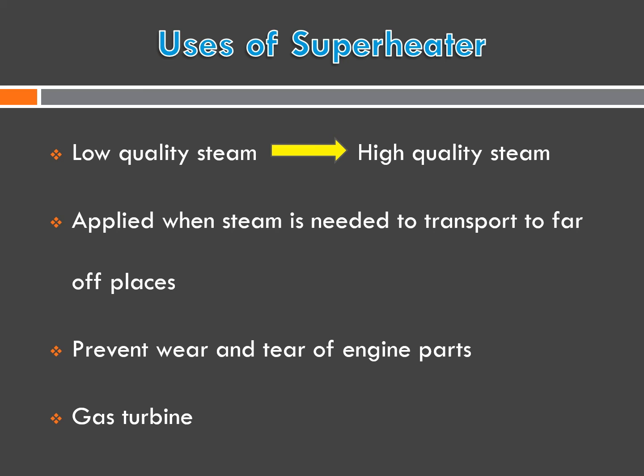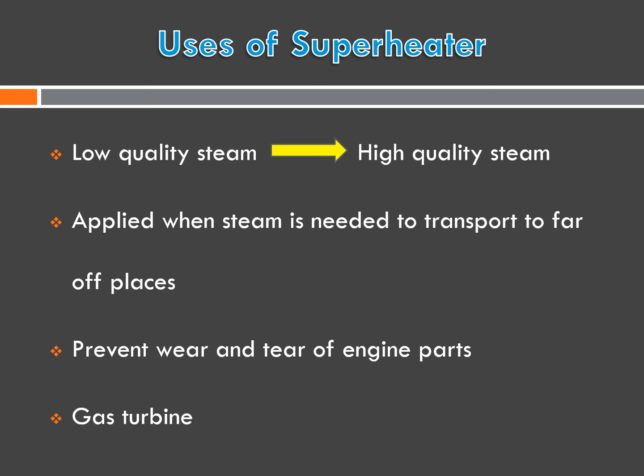Finally, a superheater is also used in gas turbines because in gas turbines, hot gases provide the required temperature to produce superheated steam, and the superheater may be an additional part of the furnace area. It means when there is superheated steam in a gas turbine, the superheater once again maintains the temperature and tries to reduce the loss of temperature during transportation.